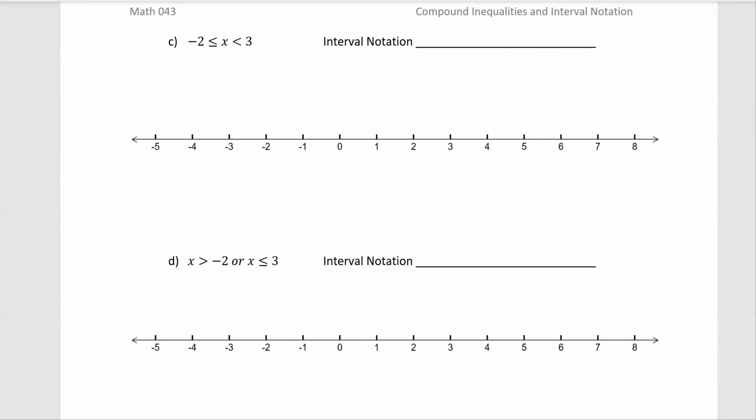Since x is greater than or equal to -2, that is a bracket, and x is less than 3 is a parenthesis, and we will shade in between. So to write this as an interval, just read it off your number line, bracket -2, comma 3 with a parenthesis.